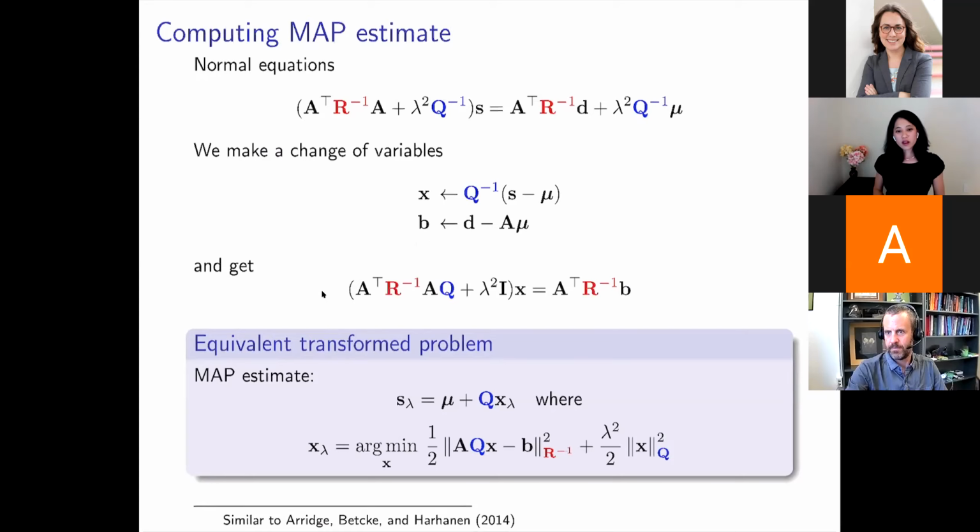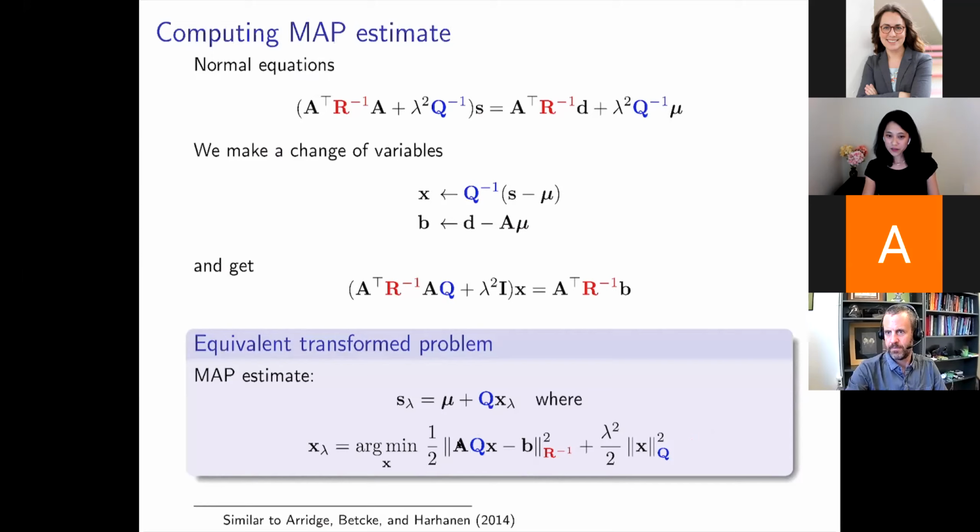The idea is that we will compute an estimate of the map, this S sub lambda, as mu plus Q X sub lambda, where X sub lambda solves this optimization problem here. So what are the main differences? In this optimization problem, I no longer have A times S, I now have an AQ, which I need to be able to do matrix vector multiplications with efficiently.